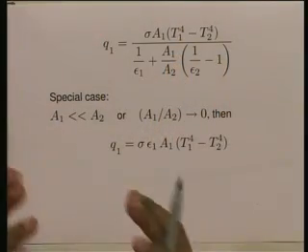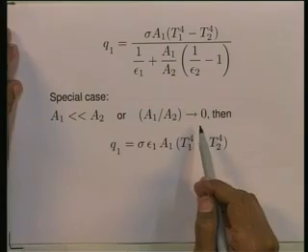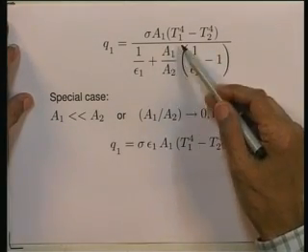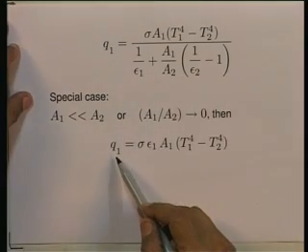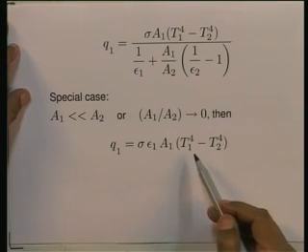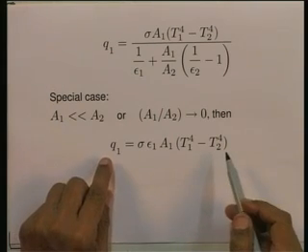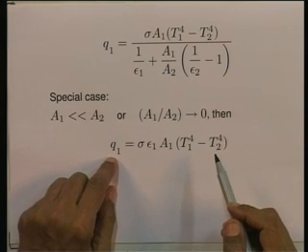Let us say the area A1, that is the surface 1, is very small compared to 2, that is A1 by A2 tends to 0. In that case, the denominator will simplify, because A1 by A2 will become equal to 0. So, the expression will simplify to the form q1 is equal to sigma epsilon 1 A1 (T1 to the power 4 minus T2 to the power 4). So, we will get this simpler expression if A1 by A2 tends to 0.